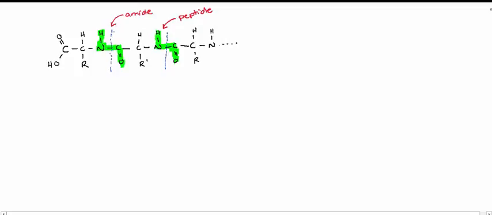One last thing I want to look at at the moment is the ability of an amino acid to self-ionize. And when an amino acid self-ionizes, it leads to a type of structure called a zwitterion.